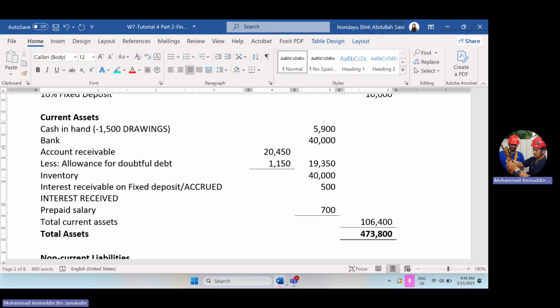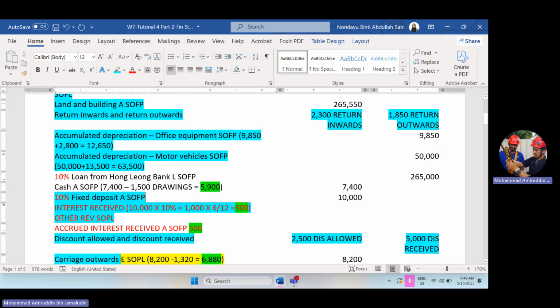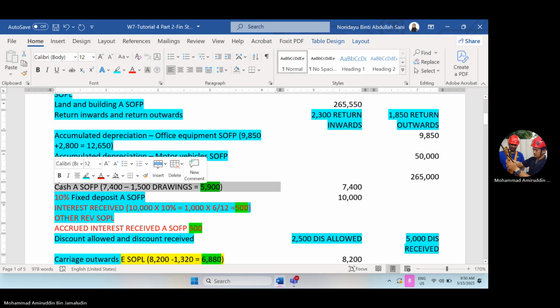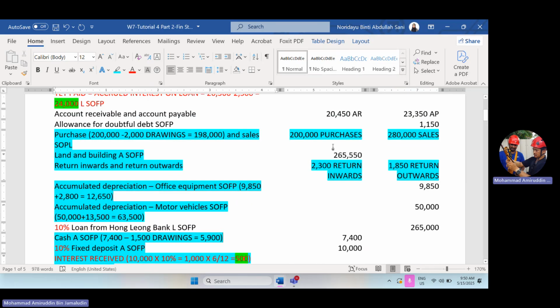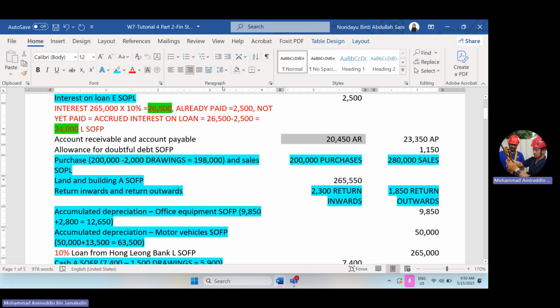Next is your current assets. Cash, transferred, 5,900. Accounts receivable, 2,450. Then we have allowance for doubtful debt, right? Minus. So 2,450 minus 1,150.